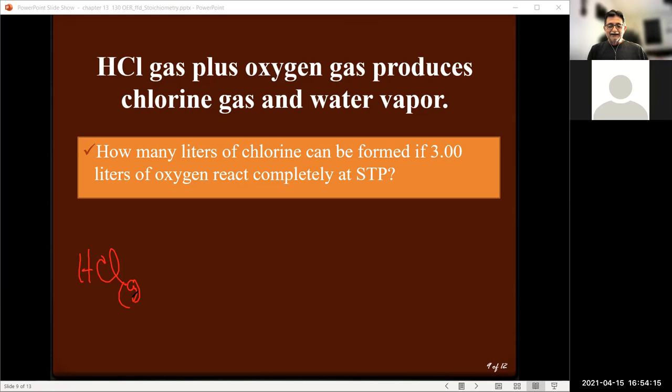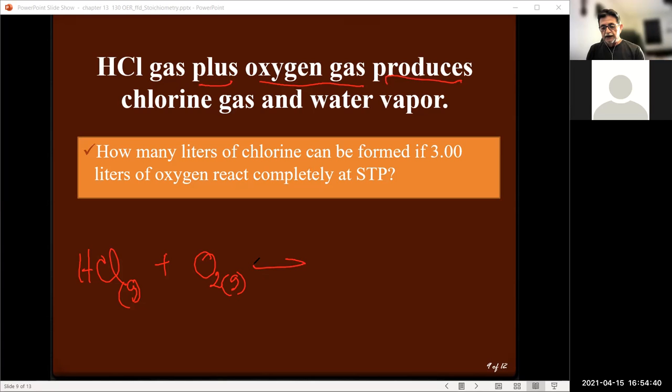So HCl in the gas form, plus, obviously that's the plus symbol, oxygen gas. Oxygen, as we know, is diatomic, and so it's O2.